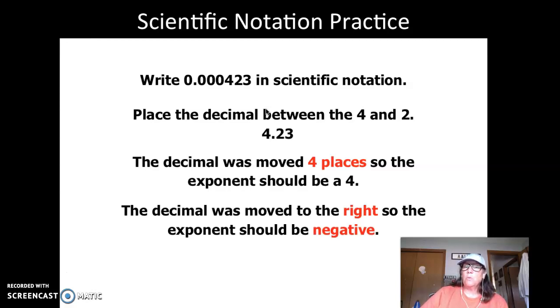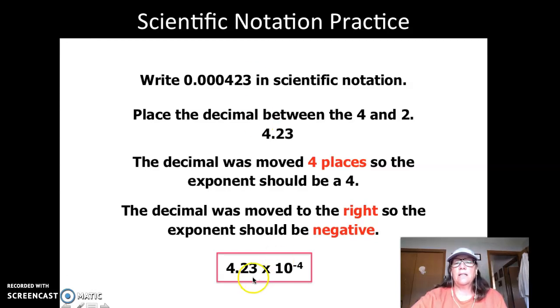Because it's a number less than 1, it's going to be negative. So 4.23 times 10 to the -4th. If it's a number greater than 1, your exponent is going to be positive. If it's a number less than 1, your exponent is going to be negative.